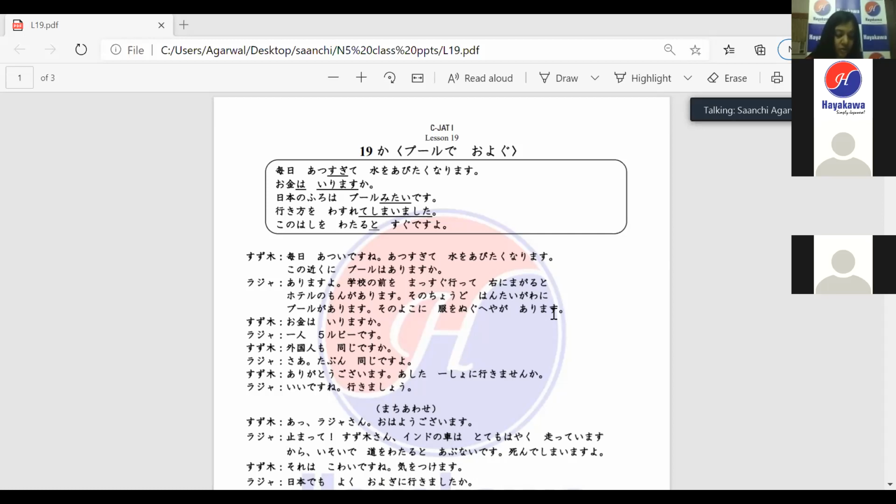Okay, so when it comes to the school, if you go straight from the school and then turn towards the right, you will have the hotel's gate.